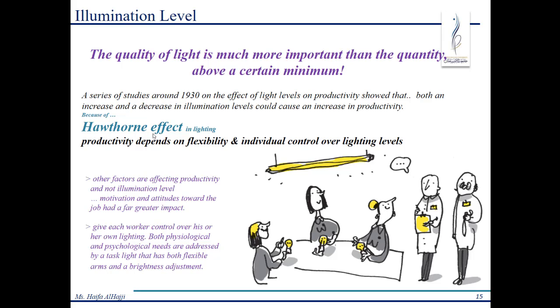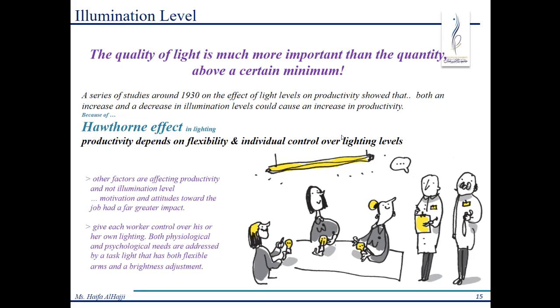The Hawthorne effect is just saying that you can increase productivity by increasing flexibility and individual control in any work environment. So if we apply this to the lighting environment, we are going to allow the workers to have control and to be more flexible with the lighting of that environment, and ask them every now and then what their wants and needs are to accommodate the lighting accordingly.